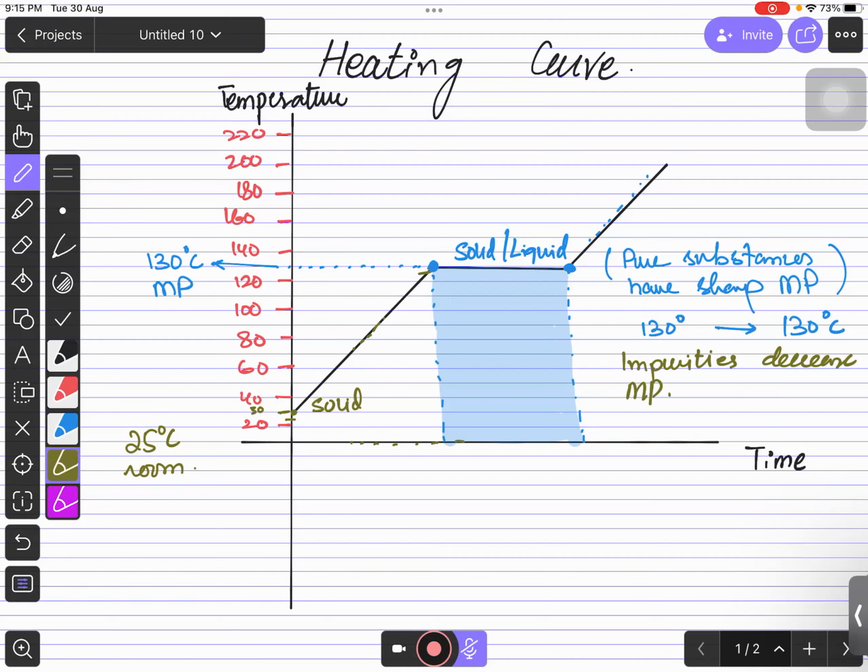For example, if it was impure, the melting would start from 120 degrees centigrade and go till 125 degrees centigrade. So it will be like this. If any substance starts melting before its sharp melting point, that means the substance is impure, right? And it will show the melting on various temperatures, right bacho?